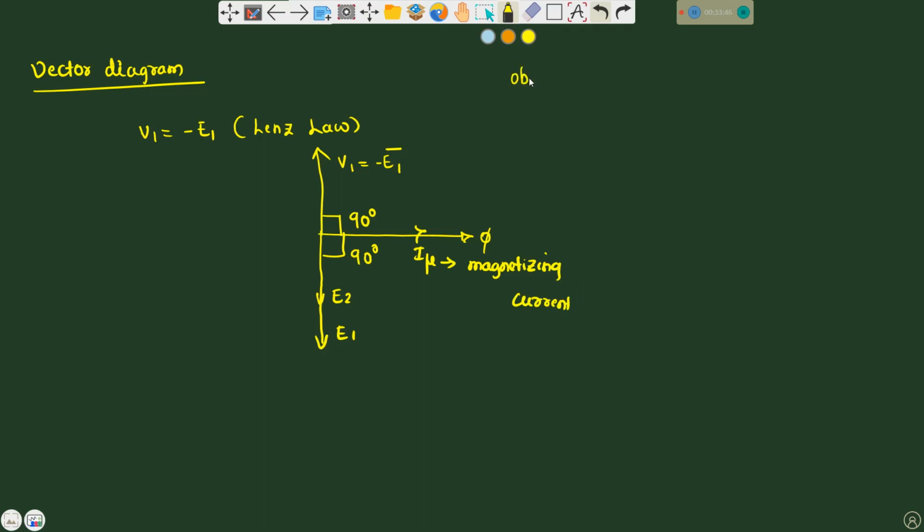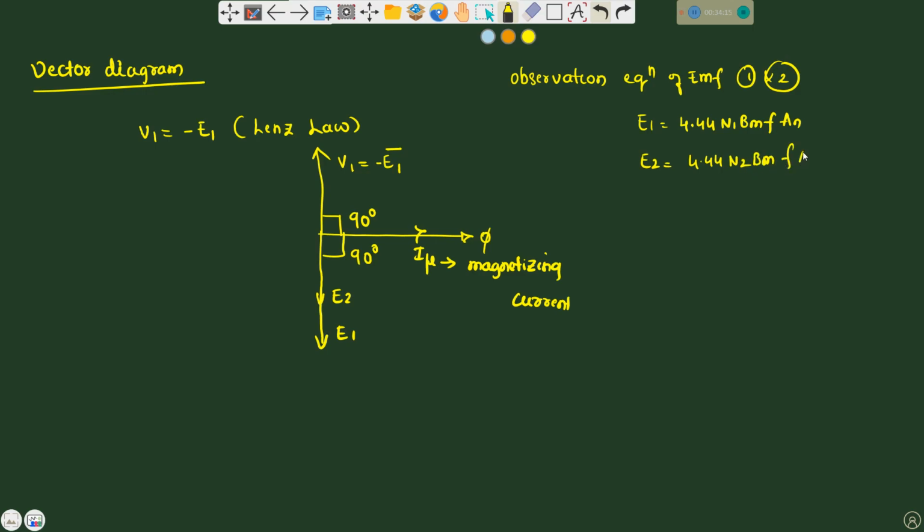So from observation of the equations of EMF 1 and 2, that is E1 equals 4.44 N1 Bm F An and EMF E2 equals 4.44 N2 Bm F An. EMF per turn on both sides of the transformer is the same, correct?